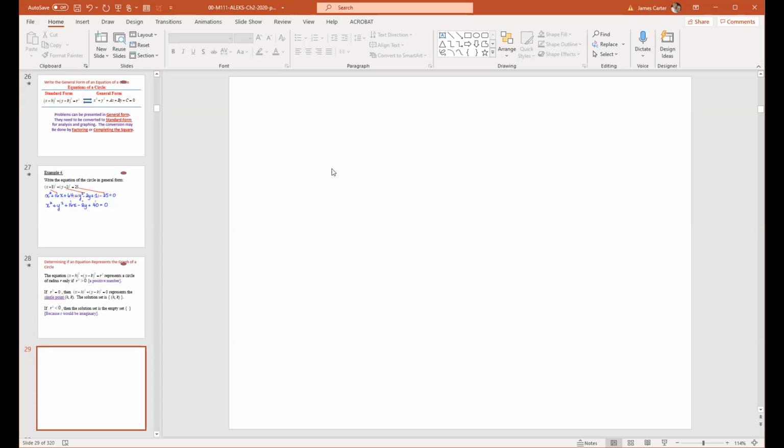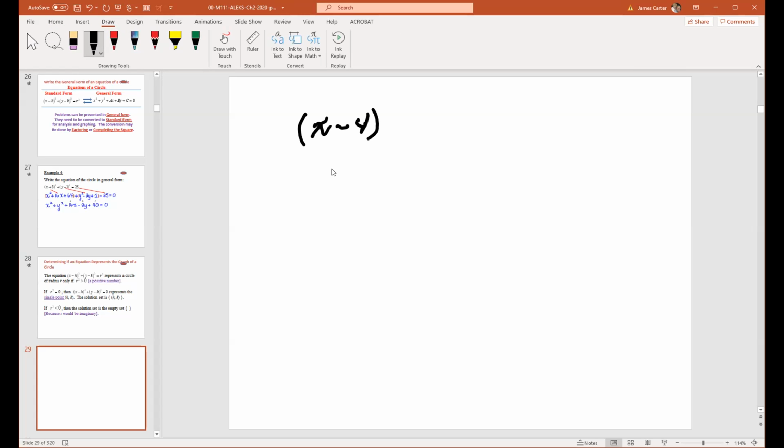Now, in this case, I want to give you this equation: (x minus 4) quantity squared plus (y plus 2) quantity squared equals 25. Now, the question is, what is the center? What is the radius? And then graph it.